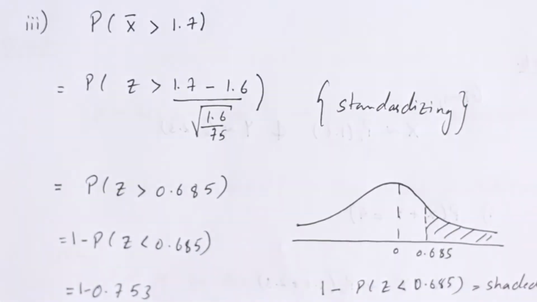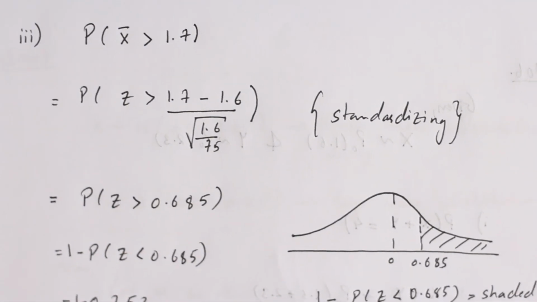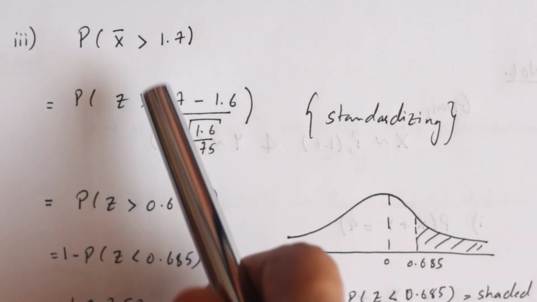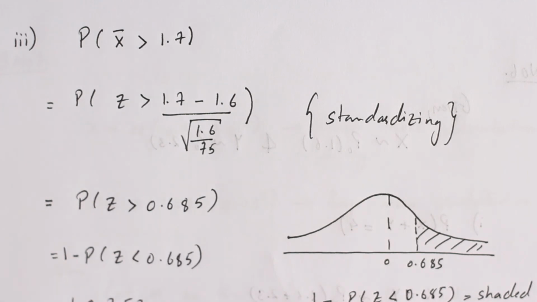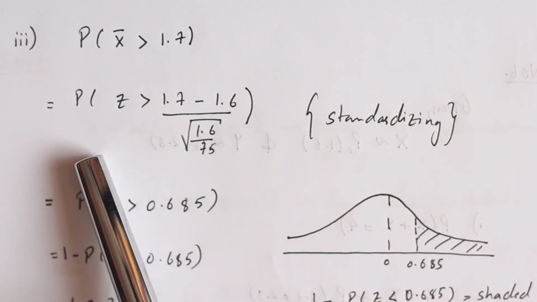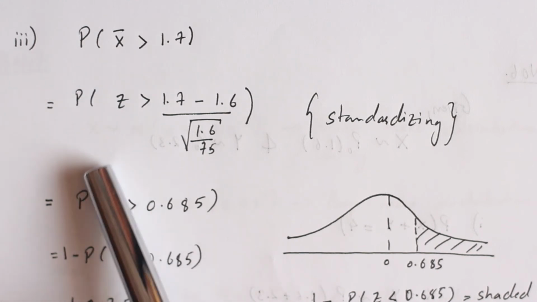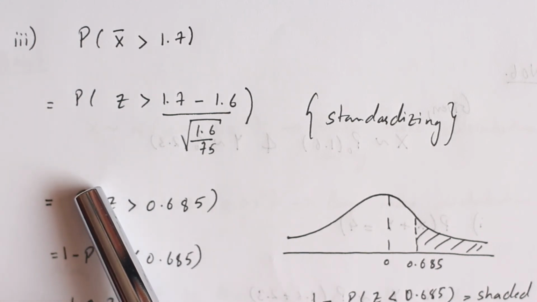Okay, in the next question we basically have to find the probability where the sample mean is bigger than 1.7. So we follow the normal distribution method of solving.